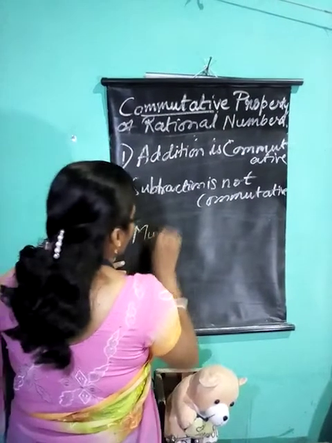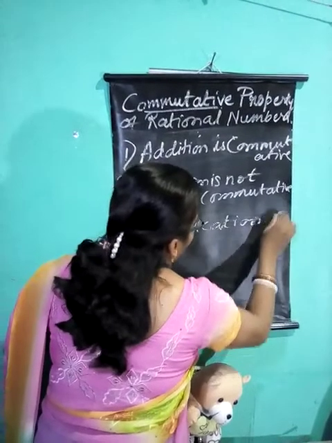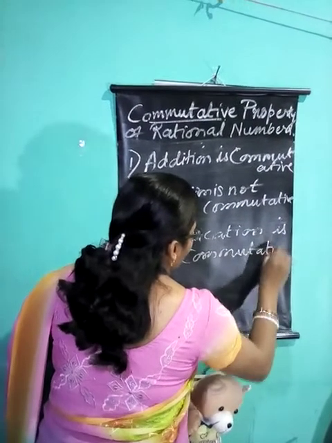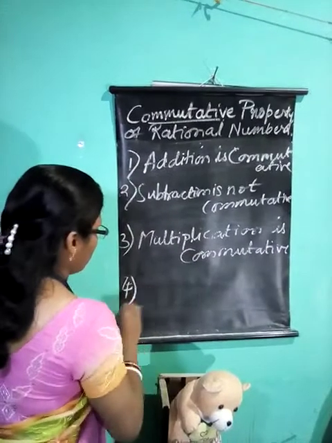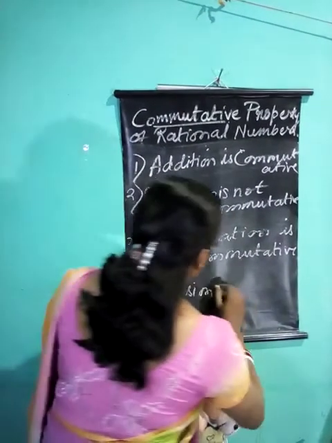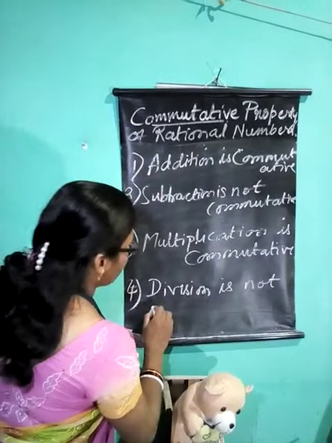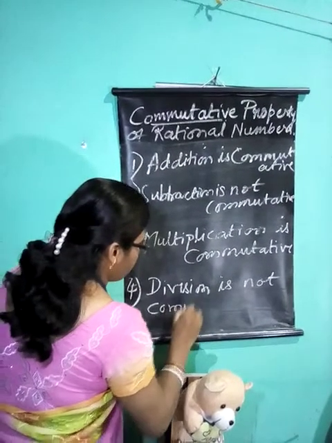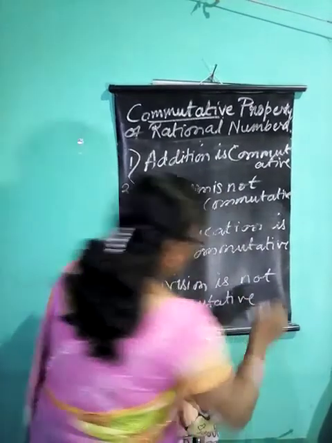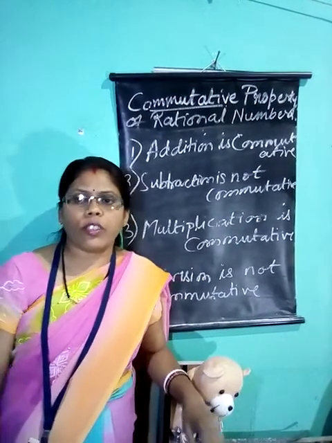Multiplication is commutative. But division is not commutative. So two operations are commutative, that is addition and multiplication, but subtraction and division are not commutative. This is the result for commutative property for rational numbers. Okay, got it? Now the next topic we will see in the next class.